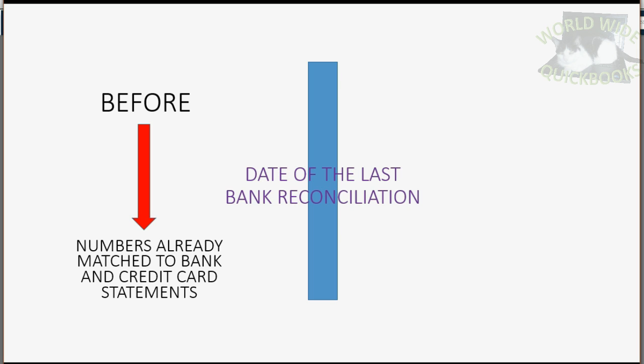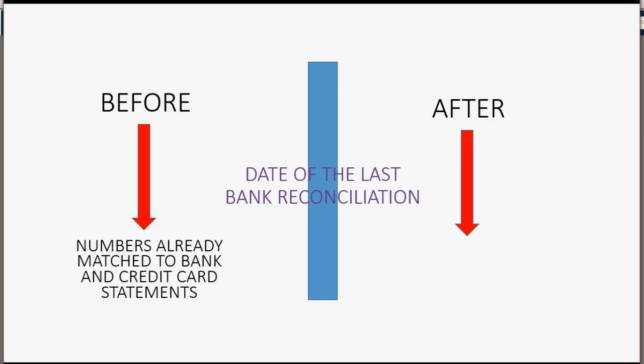Why would you change it if it's matched to an independent source? Of course, if a transaction is recorded after the date of the bank reconciliation, you could change and edit it, no problem. That's one of the reasons why bank reconciliation is an important security feature as well as a feature that ensures accuracy.